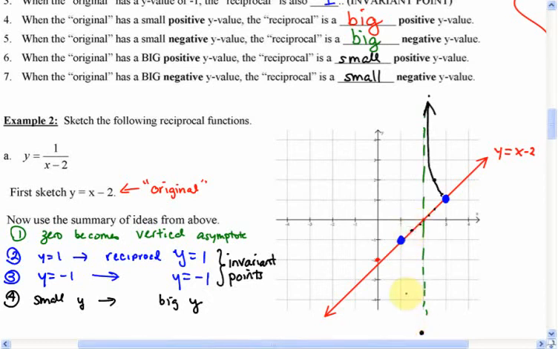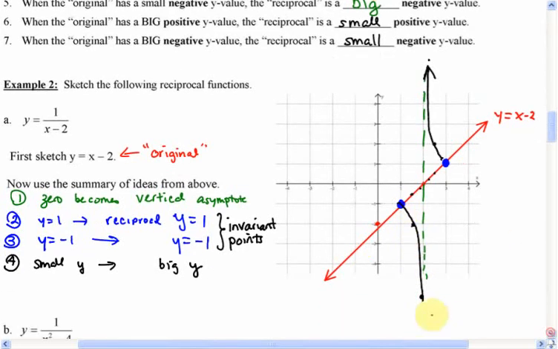Here's -1/2, so the reciprocal of -1/2 is -2. And so you get this. So once again for 5, I'll say small negative y become big negative y.